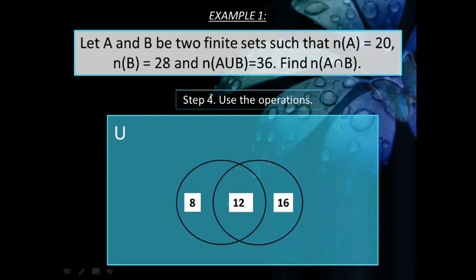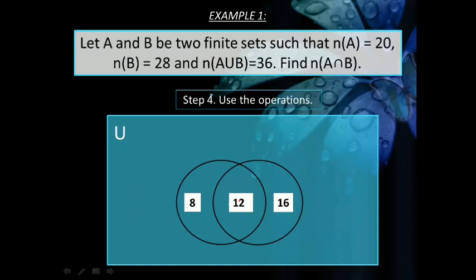Where did we get that 8 and 16? First, let's have the 8. The 8 is the difference of A minus B. All in all, we have 20 elements in A, but 12 of them are also elements of B. So we have to subtract 12 from 20 to get 8.